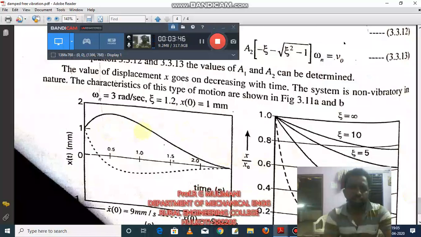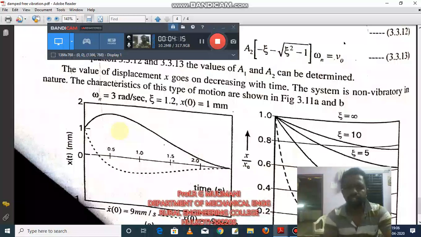Then for one system where natural frequency is 3, zeta value is 1.2 and initial displacement is 1, you can see the response here. It is not periodic here because the zeta value is more than 1, that is an overdamped system.